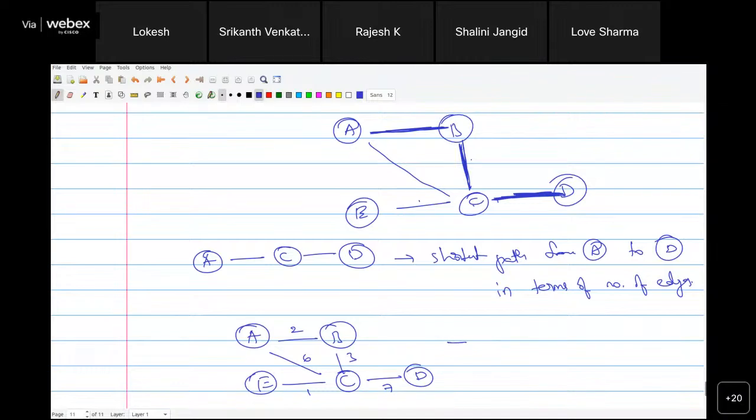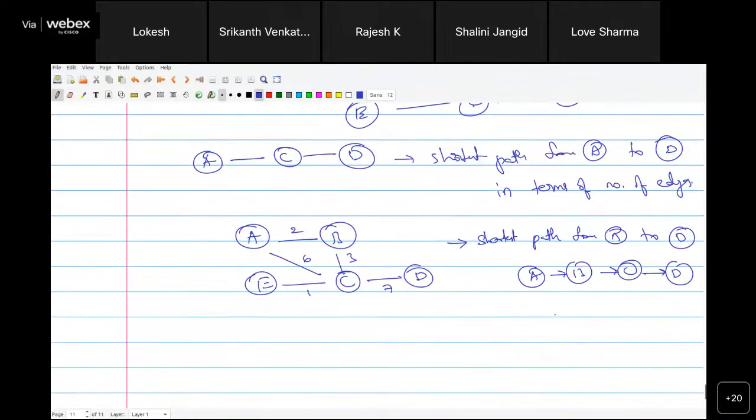ABCD. So the shortest path from A to D will be A to B, B to C, C to D in terms of path weight.